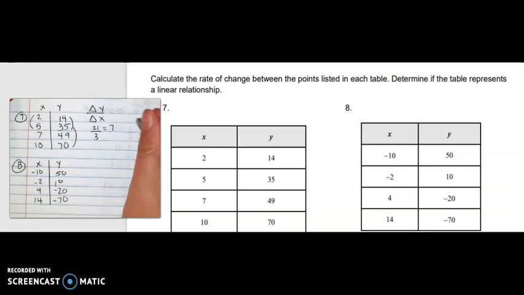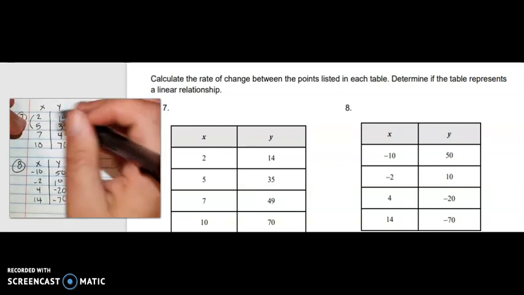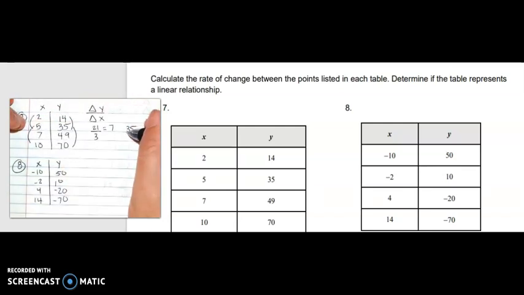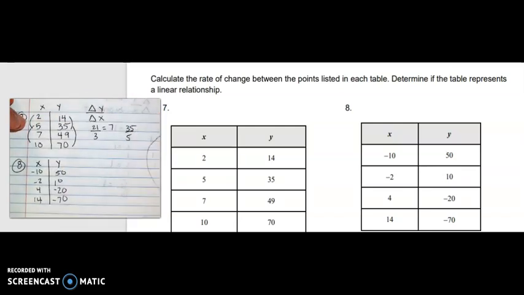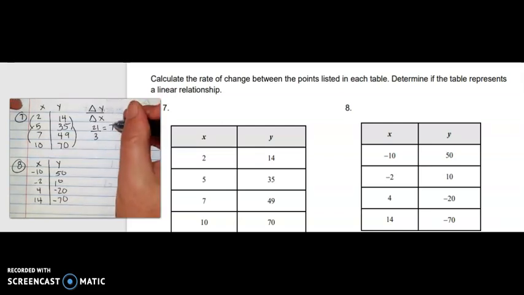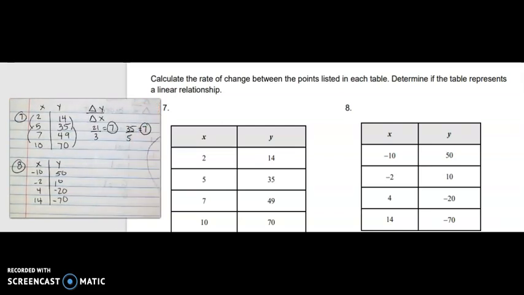That's 35. And 5 and 10, that's 5. And 35 divided by 5 equals 7. So right here we have a linear equation because the slope is 7 and that slope stays consistent throughout.